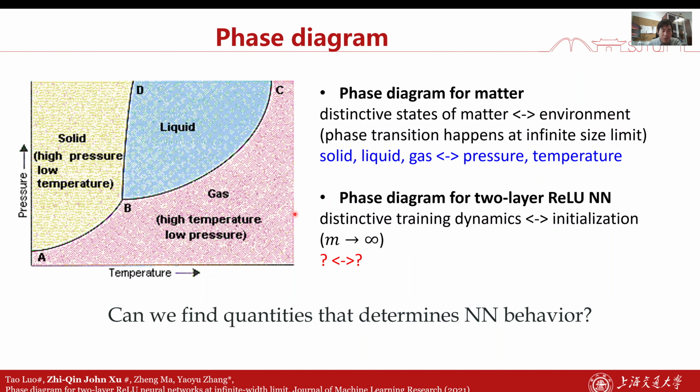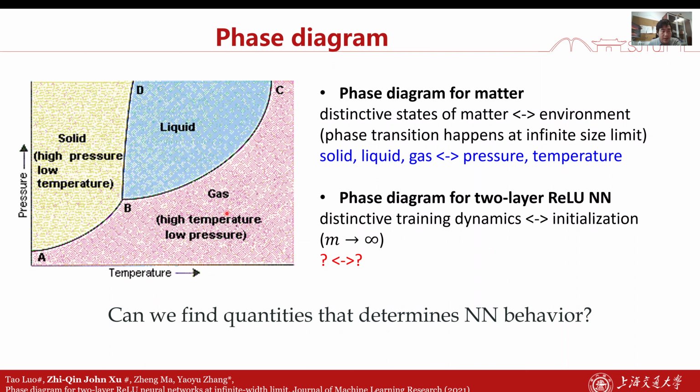Let's take an example of water. The phase diagram of water can give us a lot of information. For example, once we know the pressure and temperature, we can know which state the water is in, such as solid, liquid, or gas.